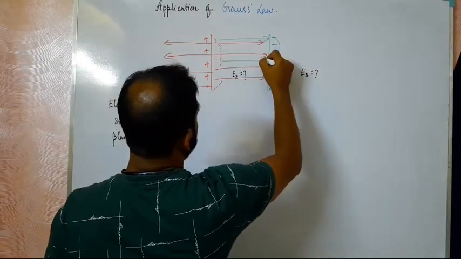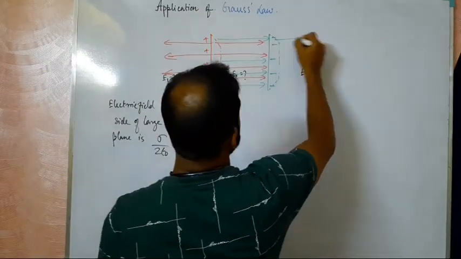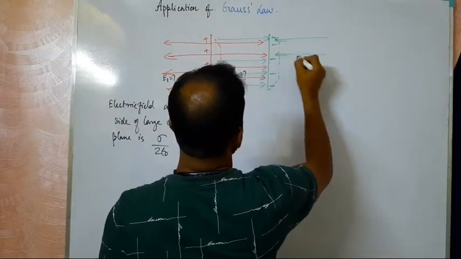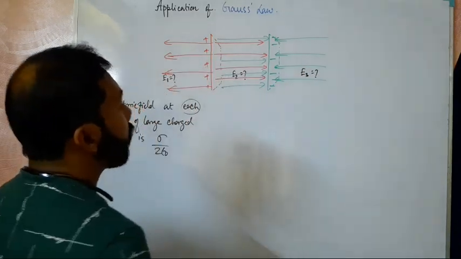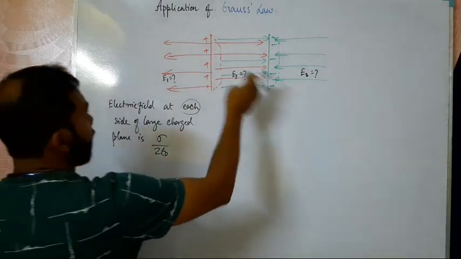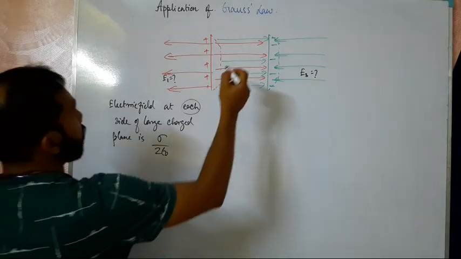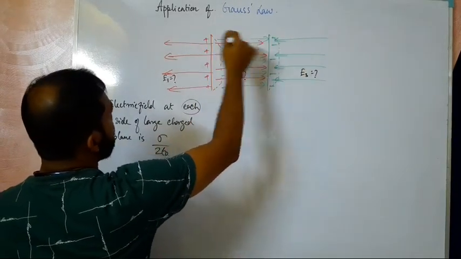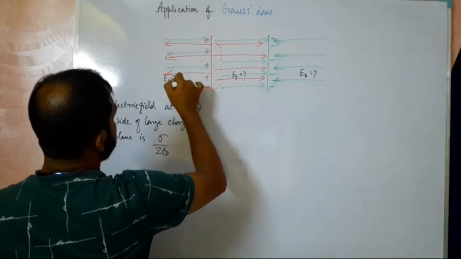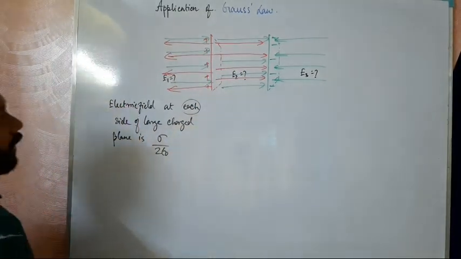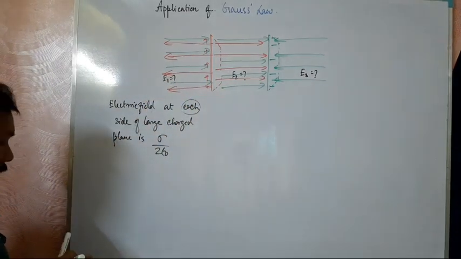They come from infinity and meet at the plate. Now, will there be any component of electric field in this region for the negative plate? The answer is yes. There will be electric field for the negative plate in this direction too, and its direction will be inward, towards the negative plate.